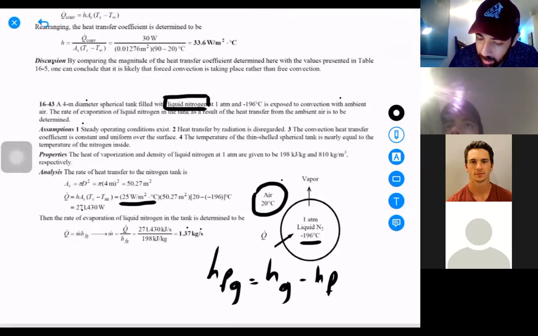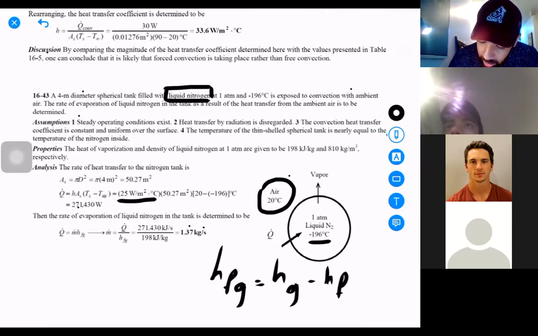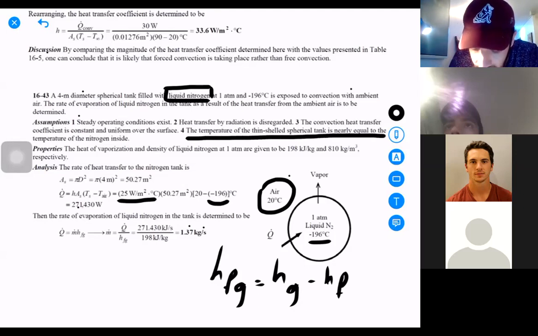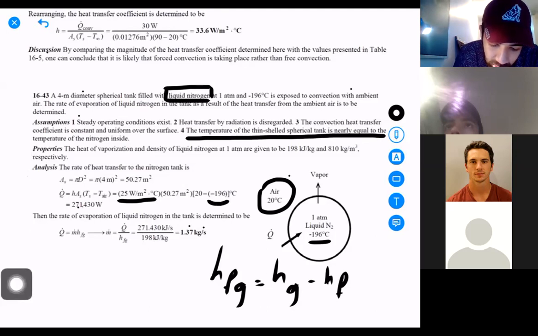So that is why we use a surface temperature of minus 196 for the surface of the tank instead of what it may really be. That is also mentioned in the fourth assumption of the question here. If you see, the temperature of the thin-shelled spherical tank is nearly equal to the temperature of the nitrogen inside.